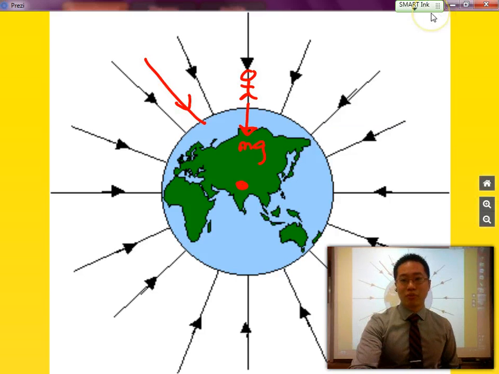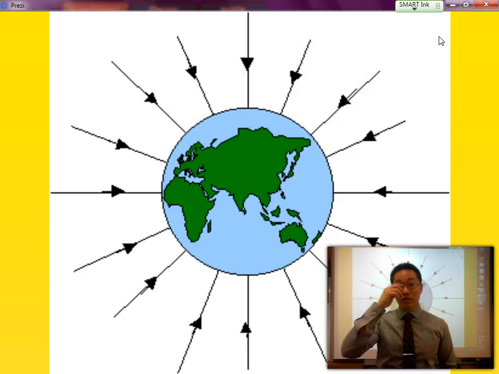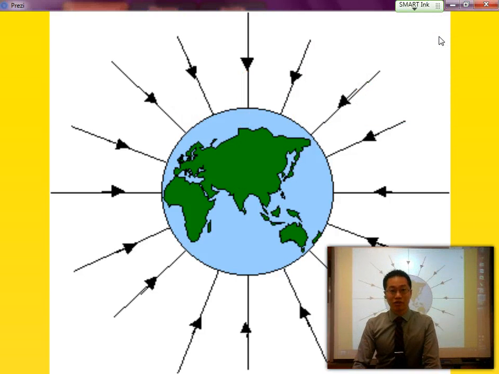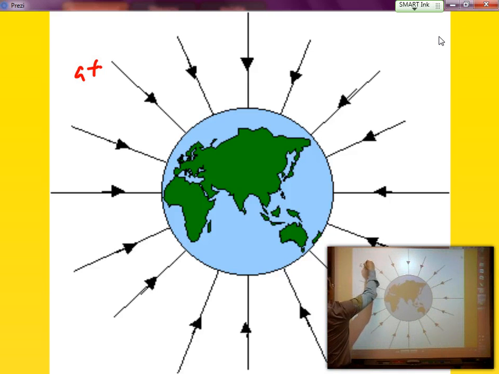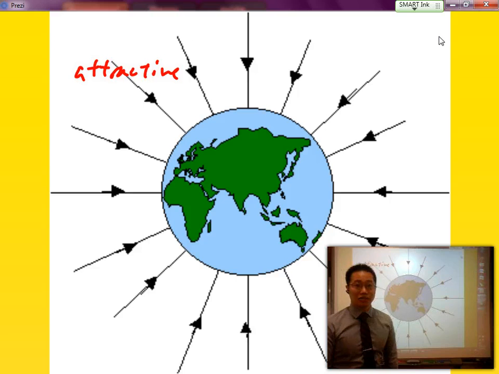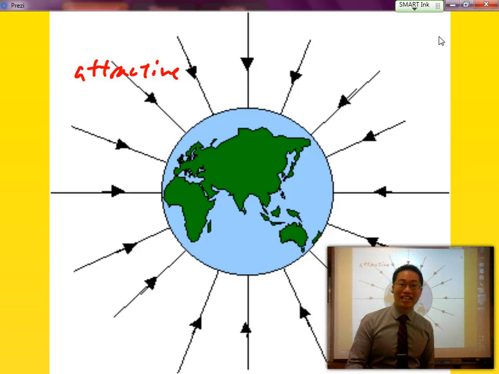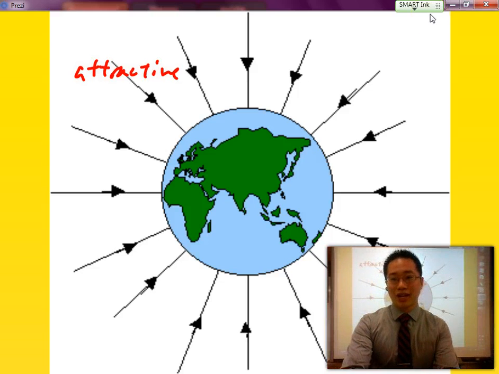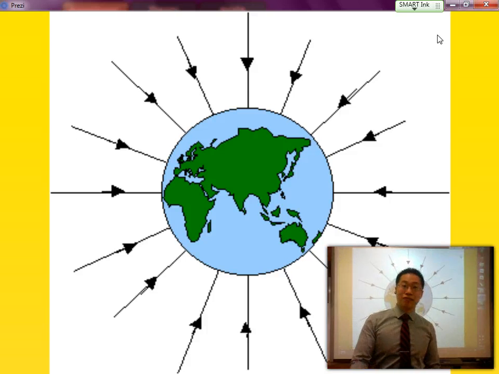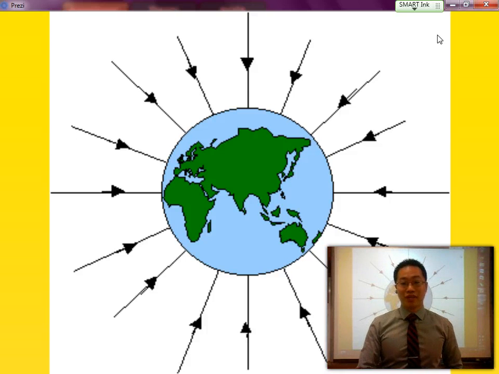But there's one key difference between gravitational forces and electrostatic forces. Gravity is always going to be an attractive force, meaning that anything that has mass will attract another object that has mass. There's no such thing as anti-gravity where masses will actually repel each other. So gravity is only attractive, but electrostatic forces can be either attractive if they're opposite charges or repelling if they're like charges.